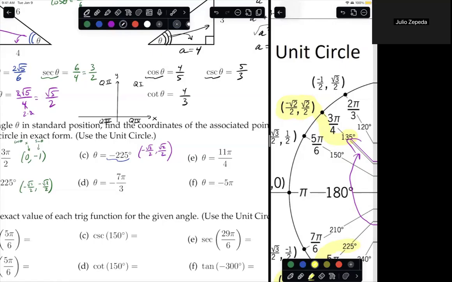We found out that negative 225 degrees was coterminal with 135 degrees, which is the angle that I've drawn there, or at least the terminal side.